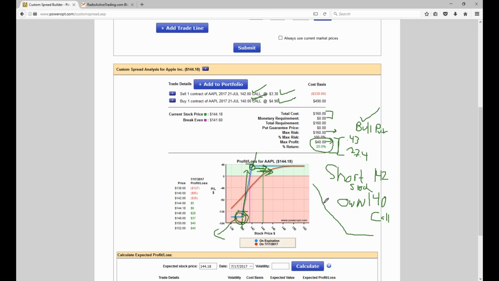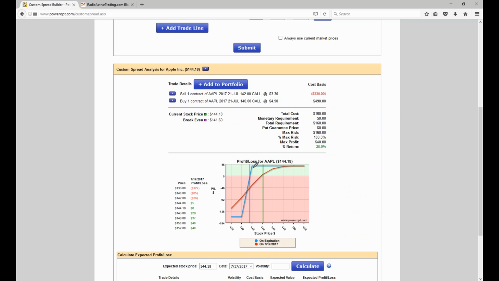Okay, 25% return. But remember, the obligation of a short call is that you've agreed to deliver shares of stock at this price that you don't own. You entered a spread. I know this. You know this. Many of the discount online options brokers know this.